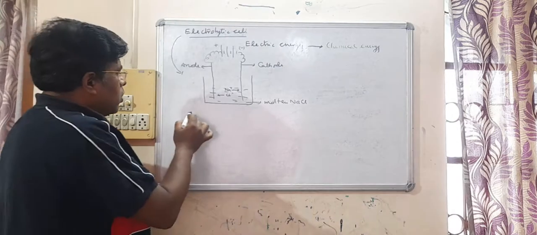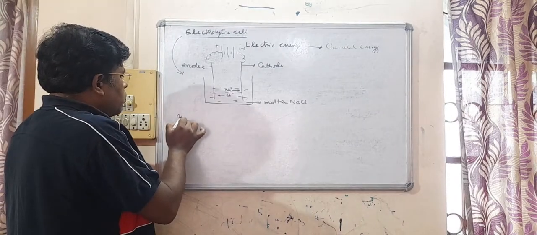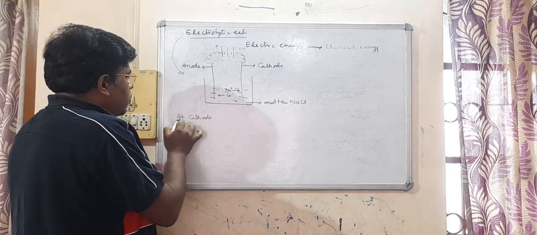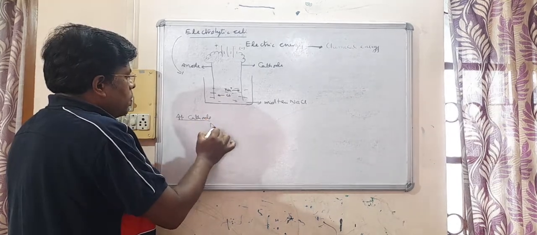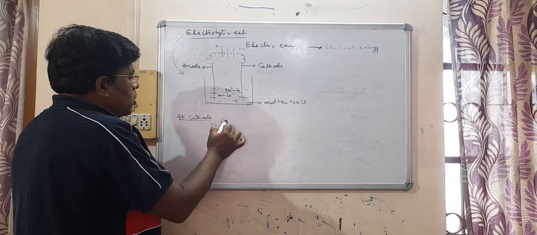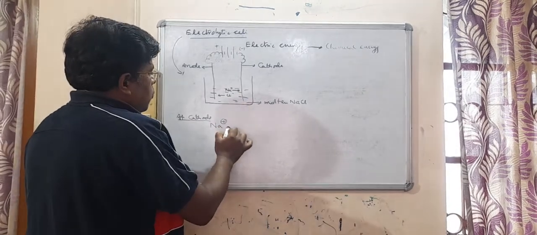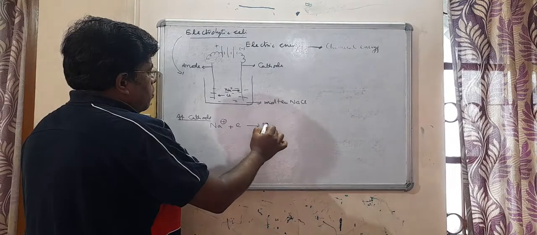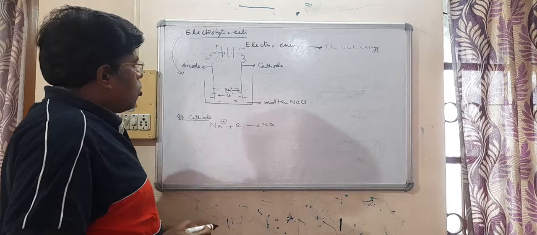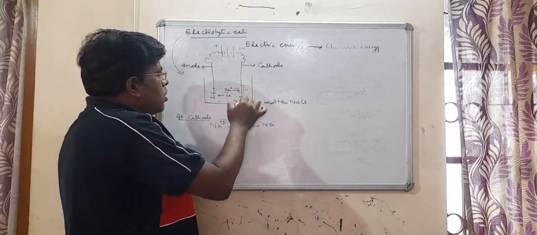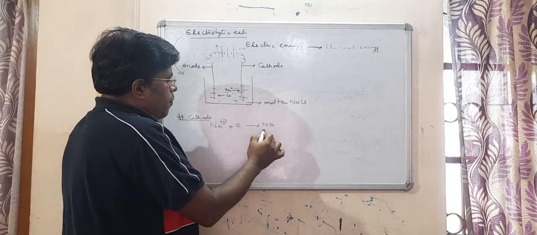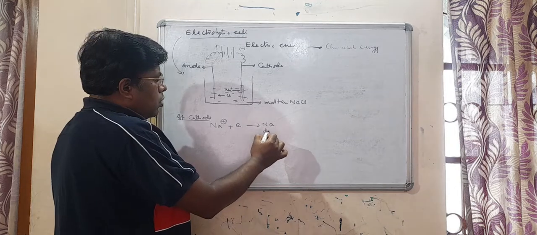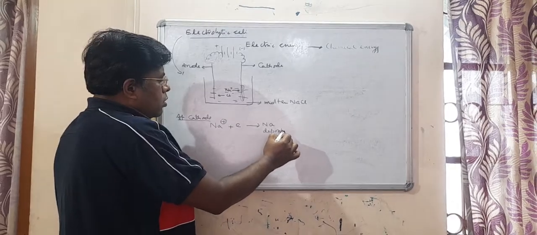At the cathode, Na+ will gain an electron from the plate and form sodium. So there will be deposition of sodium here.